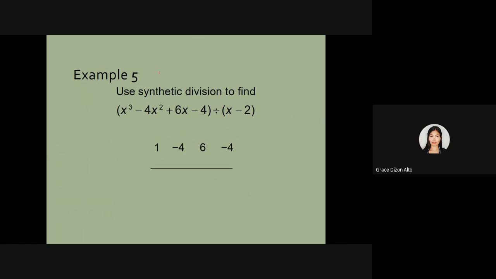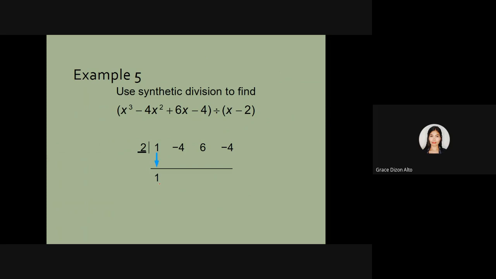So we have 1 for x cubed, negative 4 for negative 4x squared, positive 6 for 6x, and negative 4 for minus 4. And then we have also to get the value of our x minus a, so that is equal to positive 2.